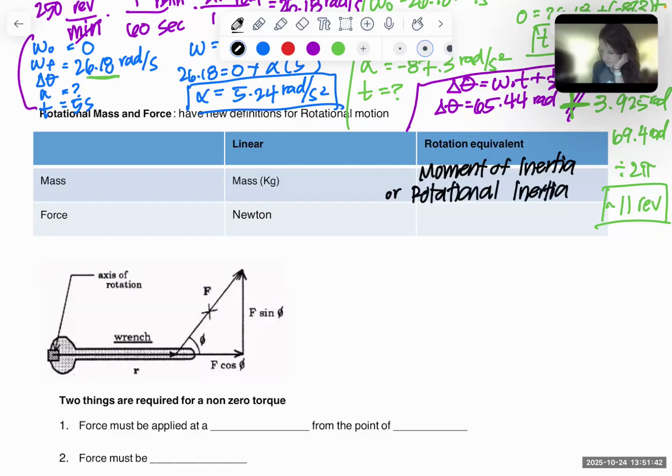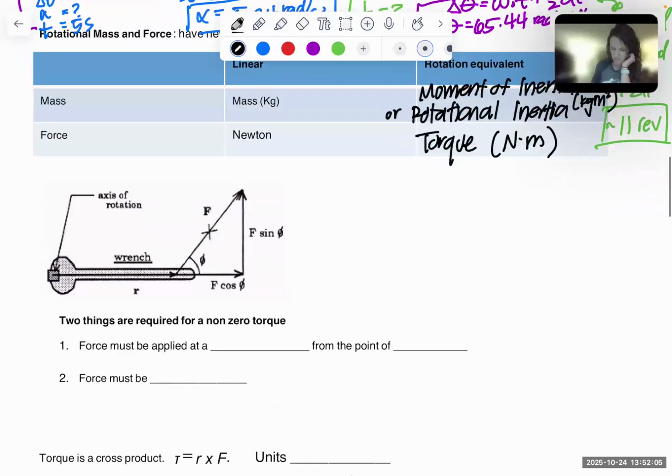The units for this are going to be kilogram meter squared. We're going to be talking a lot more about this going forward, how to calculate it, whether it's constant or not, and all sorts of things, but just get that in your head. And then instead of forces, which were in newtons, we're going to have torque, which is in Newton meters.